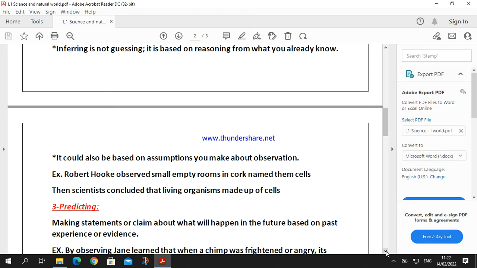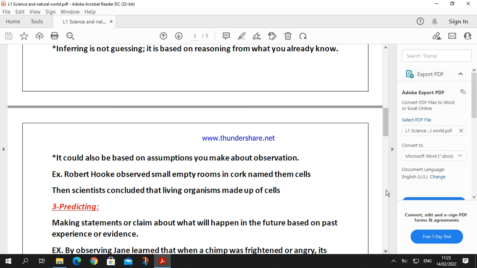For example, Robert Hooke examined the cork plant under his microscope and observed small empty rooms in cork. He named them cells. The scientists who came after Robert Hooke concluded that all living organisms are made up of cells.